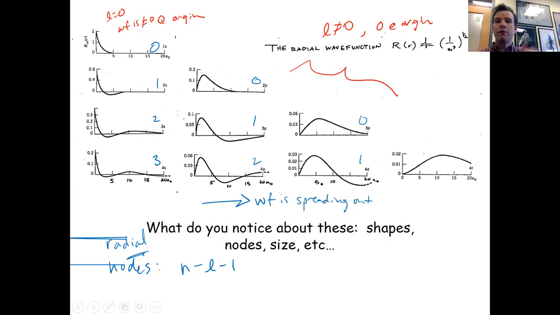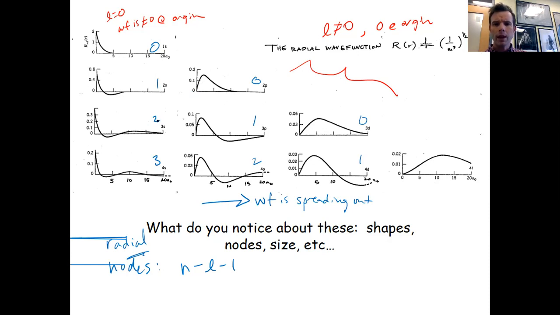That is, a D is further away from the nucleus than an S, and that makes some sense to us. If I look down, 2P compared to 3P, it gets a little more confusing because these all look like they're at about the same radius, or possibly even that the 3P is a little closer than the 2P. We'll talk about that a little bit more, but you'll note that behavior.